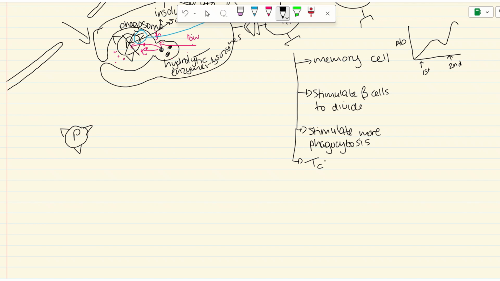Now, these cytotoxic T cells release an enzyme called perforin, which acts to destroy.